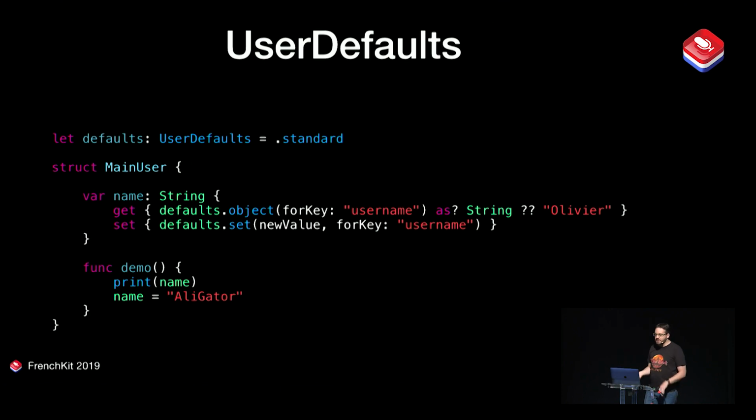And that way, it's nice to print name or say name equals whatever. And behind the scenes, it's going to write to the user defaults. So that's exactly the kind of thing that resembles a custom behavior. That's actually a custom behavior we have, get and set here.